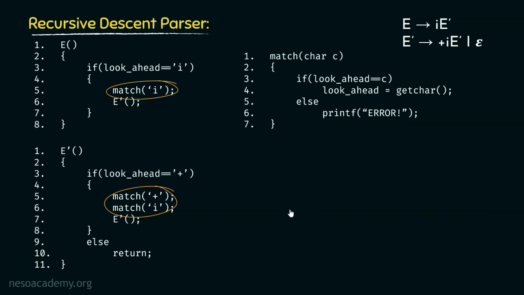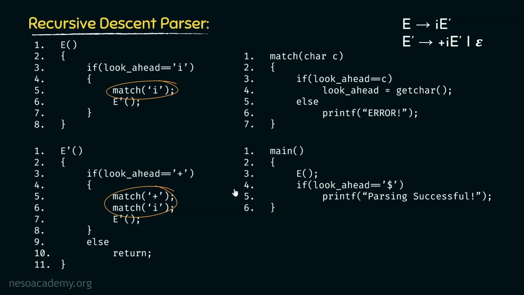Now apart from these three functions, we will also have another function, that is the main function. Coming to the main function, if you observe the definition of it, it just calls the function E, which happens to be the start symbol of the grammar. And once the entire execution of E is done, the main function will then check if the lookahead is the dollar symbol or not. Now why are we checking this? Because in all the parsers, whenever we use any input string, in order to denote the end of the input string, we use this dollar symbol.